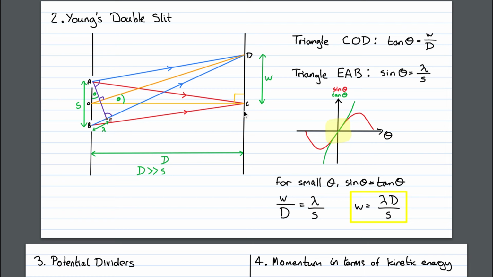So we now have two triangles, if we draw this diagram out. We've got the triangle COD, and the angle theta here can be calculated by the arctan of w over D, no problem. But what's going on with the little triangle? Well, this purple line here, which connects A to E, that line connects the two points where the phase difference is 0.